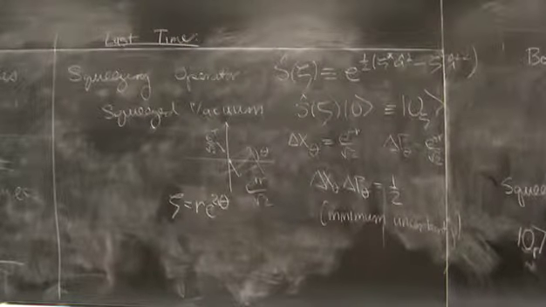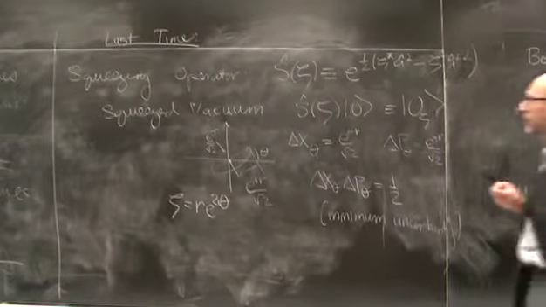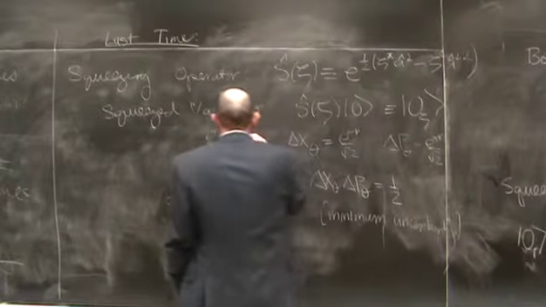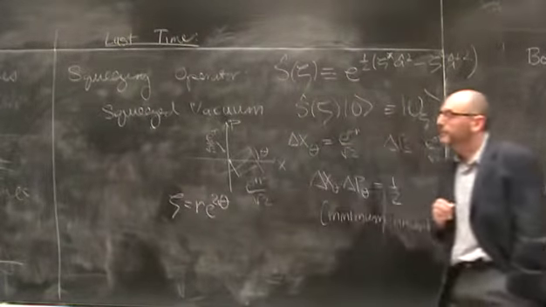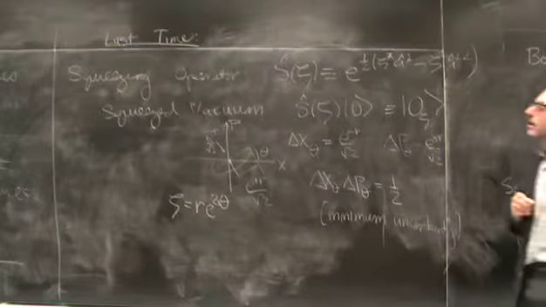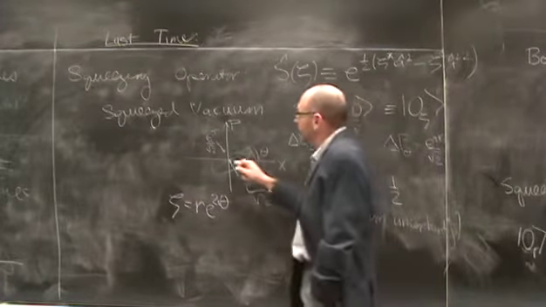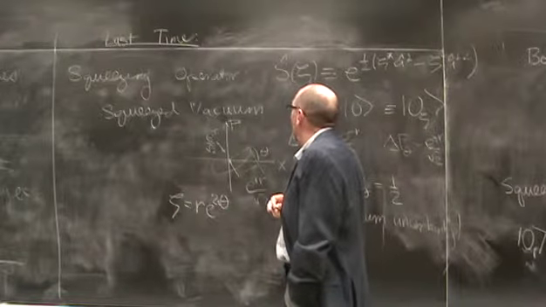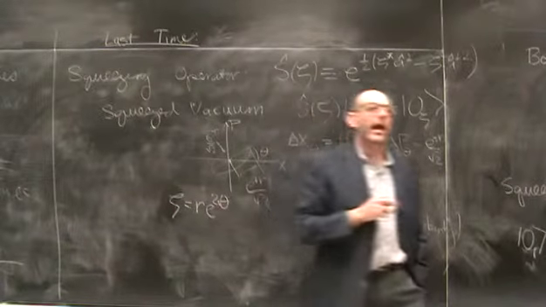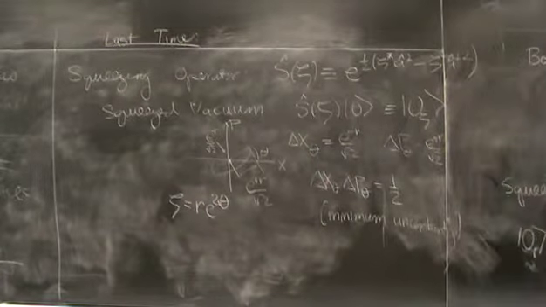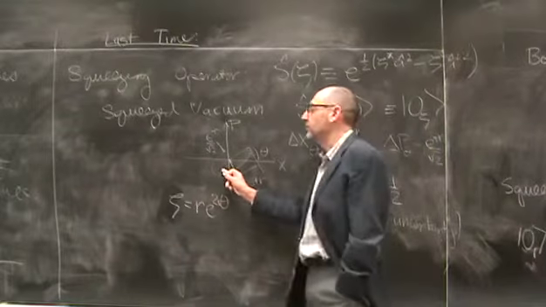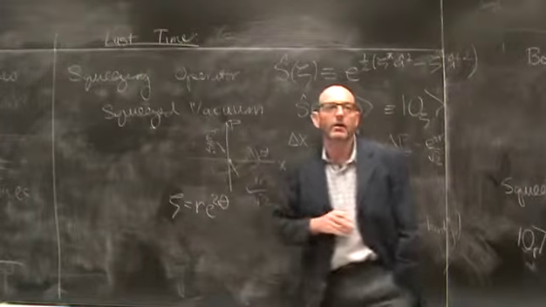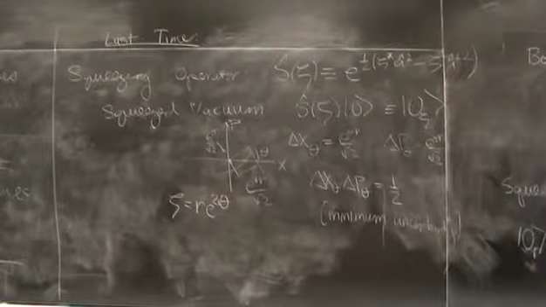And we draw it here in terms of the quadrature picture. It is a state that has zero mean amplitude, and it has fluctuations along the different quadratures that are anisotropic, that are squeezed along one of the quadratures.